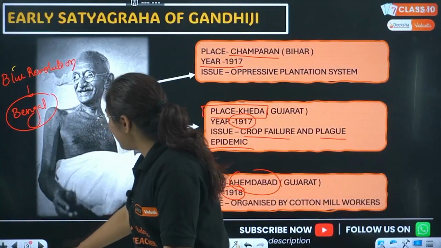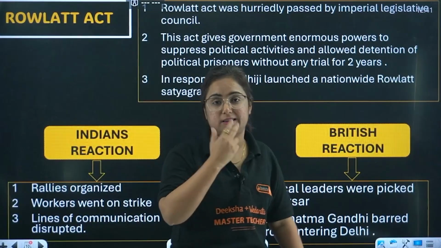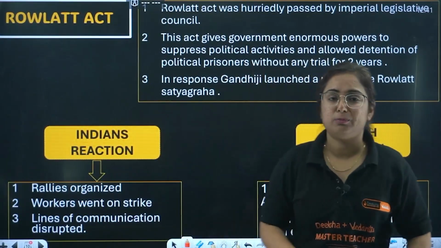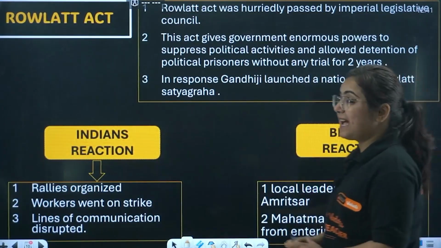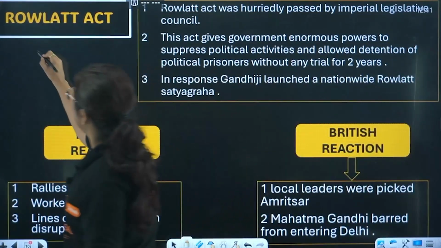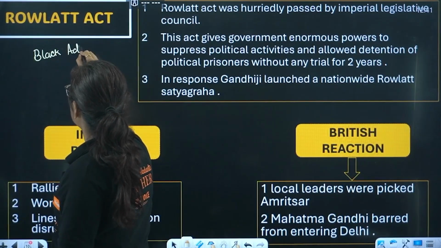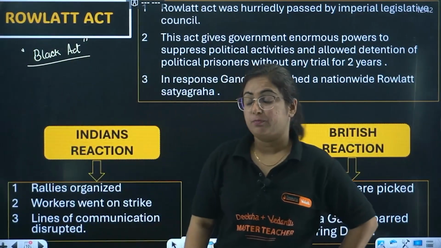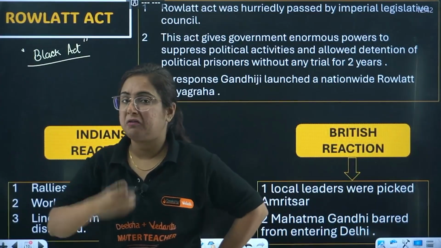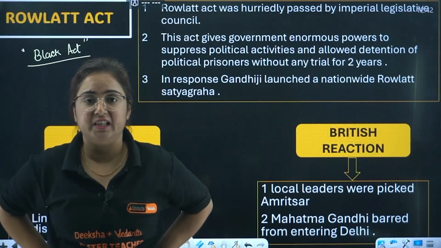Now, moving back to the story: Gandhiji wanted to start a satyagraha and the Britishers gave him the reason, the passing of this Rowlatt Act. Do you know, this act is considered the Black Act in history. Why? The Britishers passed this act very hurriedly in the Imperial Legislative Council sitting at London.